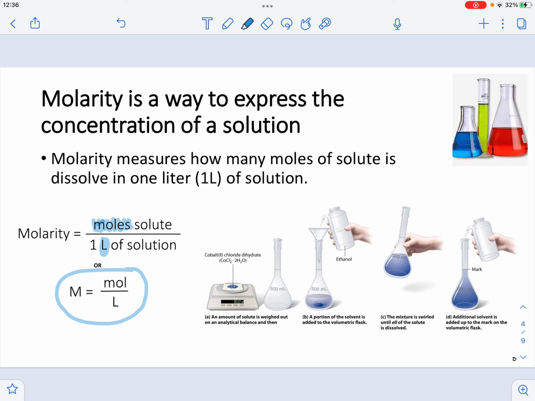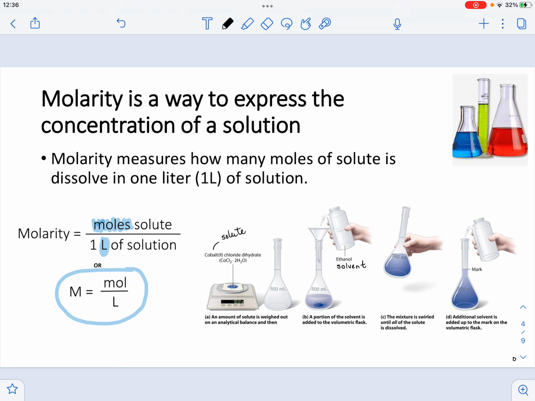It's placed in a volumetric flask, and at first we add some solvent, which is the ethanol. Remember, the cobalt(II) chloride dihydrate is our solute. Then that mixture is swirled until the solute is dissolved.